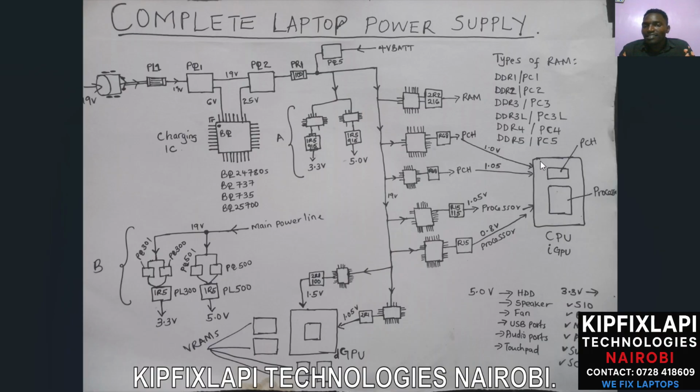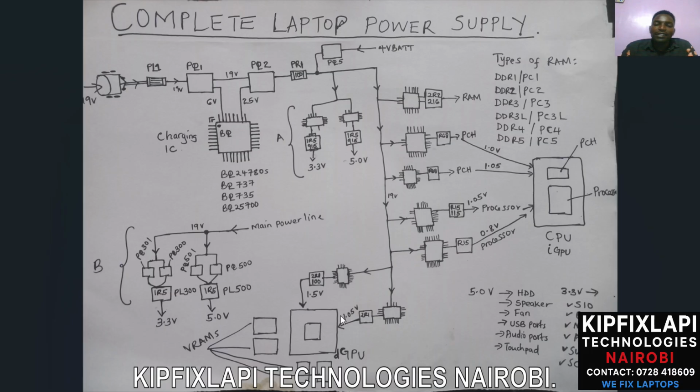The north bridge uses a certain voltage, the south bridge uses a different voltage. That's why you can see we have more voltages going in. Same case with the processor. Within the processor, we have the processor itself, the integrated GPU, and other components which need power within the CPU. That's why you will have several circuits supplying the CPU.